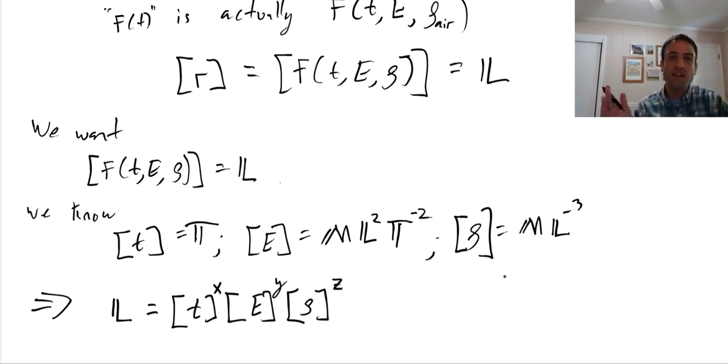We're trying to find a particular way, again, of multiplying these times, energies, and densities together so that when we mush everything together, the dimensions of the composite object is just length, because dimensional analysis tells us that's what it has to be, right?